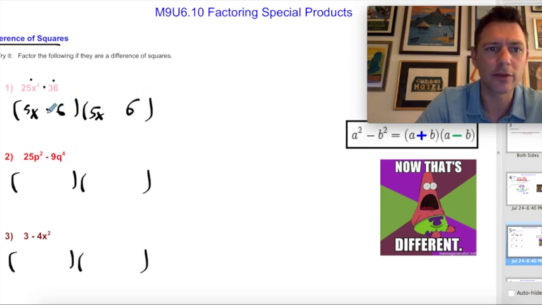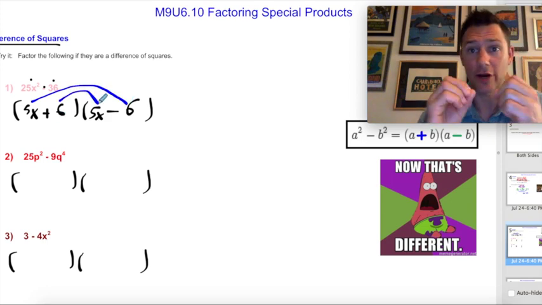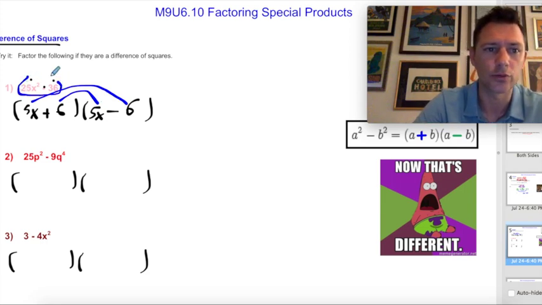And because there's no middle term, they're going to be exactly the same with opposite signs. So that gives you the 25, that gives you the negative 36, but this gives you negative 30x, and that gives you positive 30x, and they're gone. They cancel each other out. That's why you don't see them in here. So there you go.